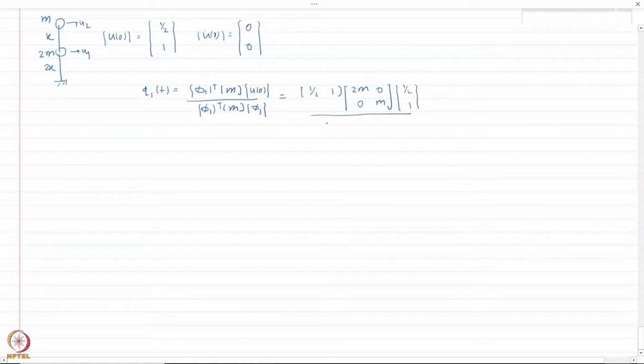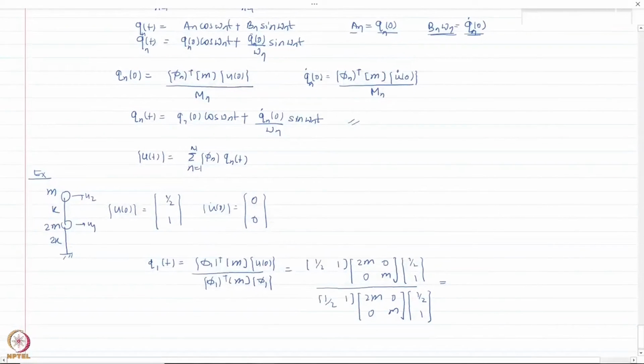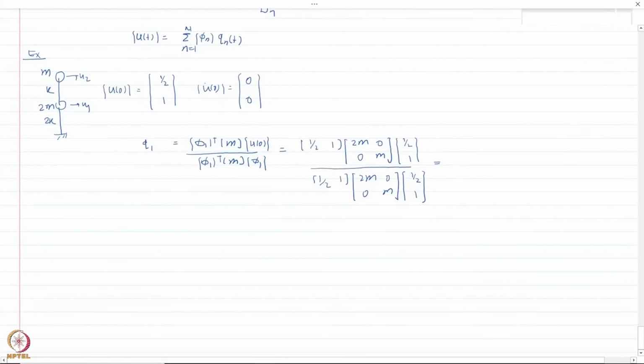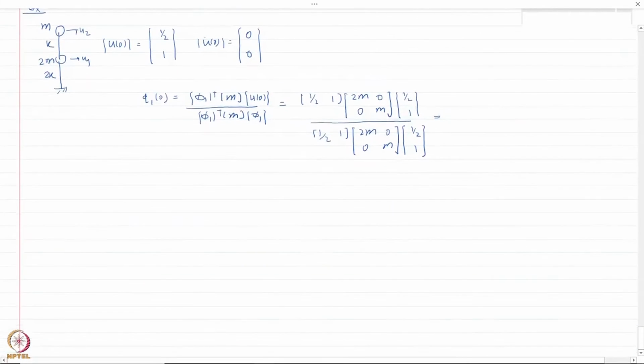And I again have half 1, 2m 0 0 m, and half 1. Sorry, this is q1 0 here, not t.